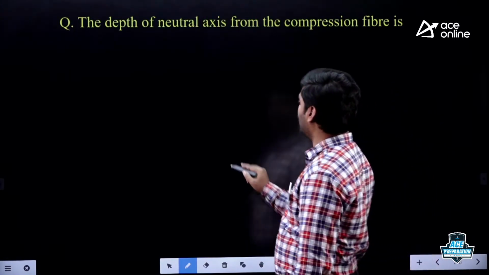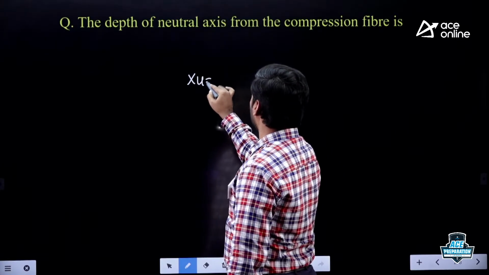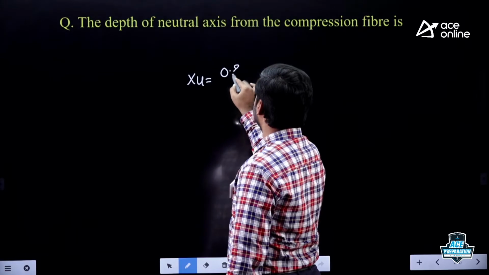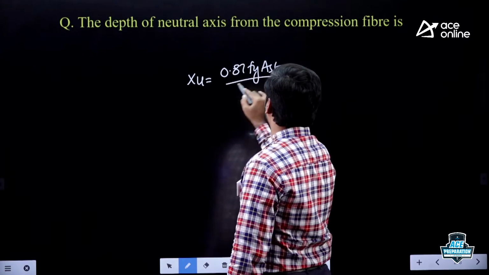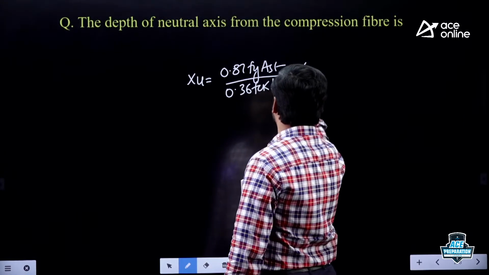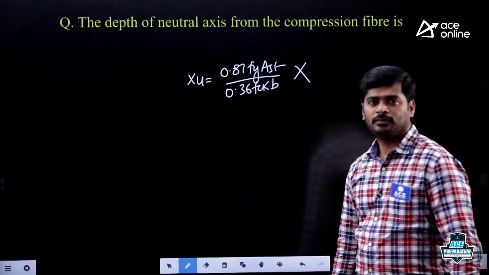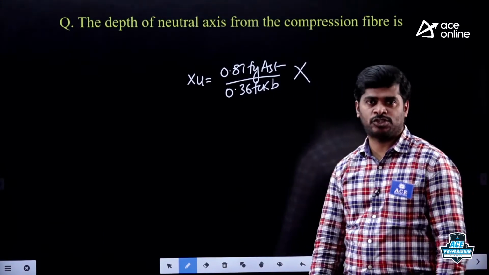Suppose if you write here XU equal to 0.87 Fy AST upon 0.36 FCK B, this is wrong. This is wrong, because partial safety factors changed in this question.